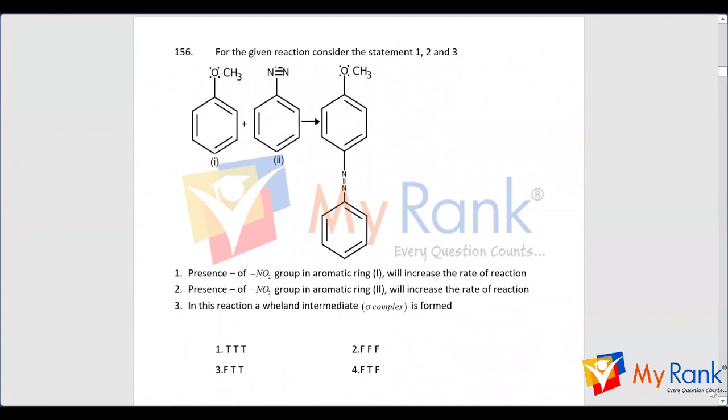Now, for the given reaction, consider statements 1, 2, 3. So what is this reaction here? In this one, benzene diazonium chloride is the electrophile, and the OCH3 compound is the nucleophile.